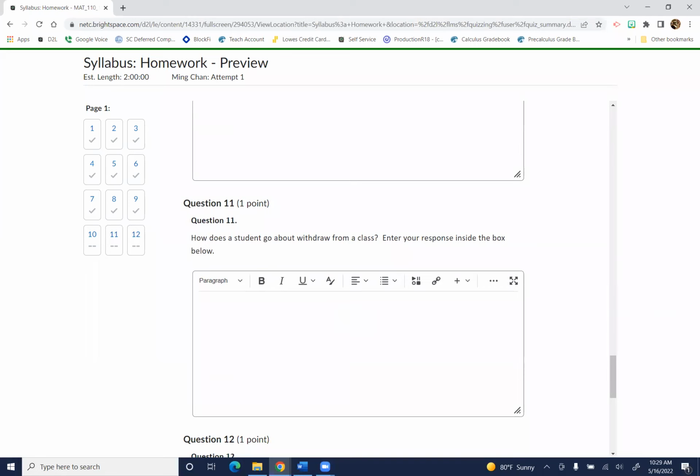All right, how does a student go about withdrawing from the class? You can contact the enrollment center at this number, 6918. When you call this number you also reach two other lines.